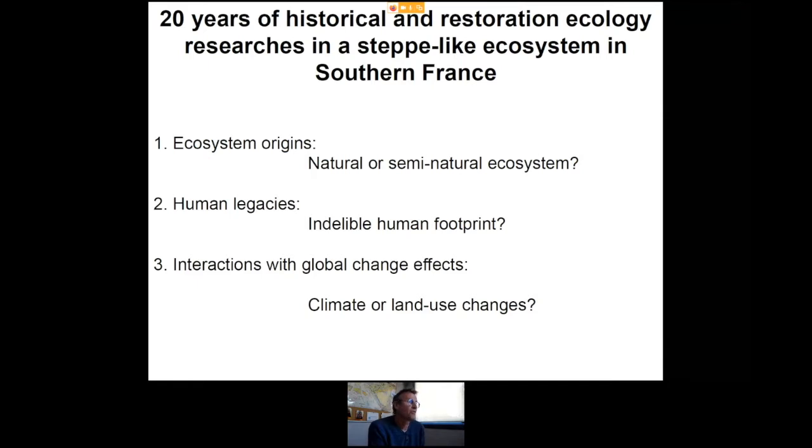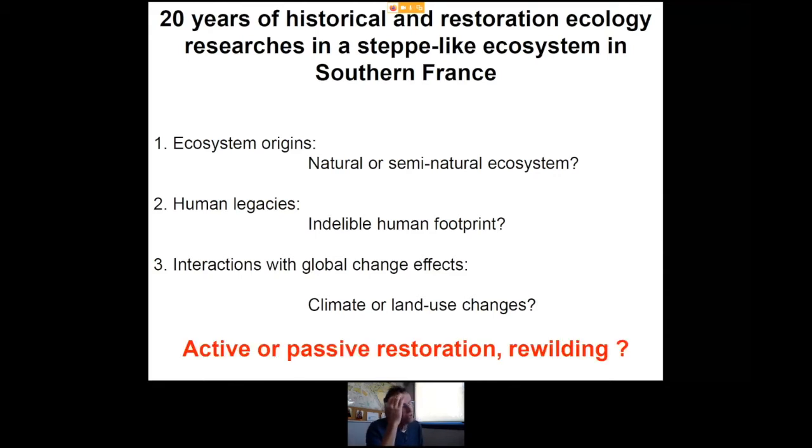We are, of course, interested a lot, second, in human legacy. Will the human footprint be indelible, so that it will be difficult to restore or to do reviving in this case? And third, of course, what about the interaction between the historical heritage and the global change effects, more linked with climate or land use change?